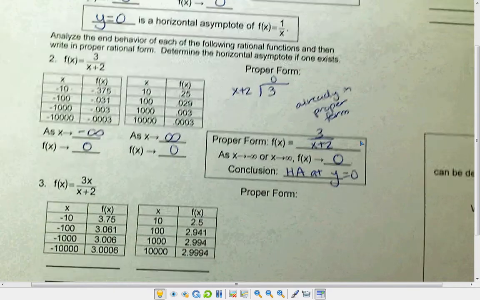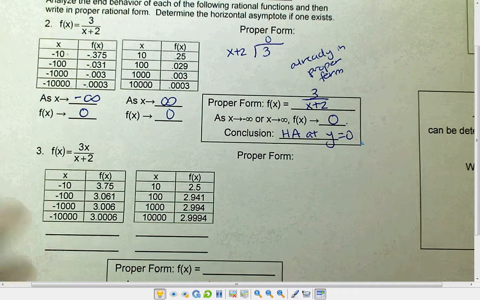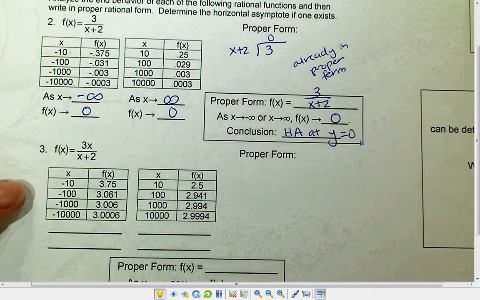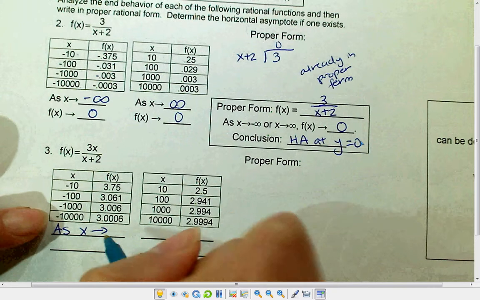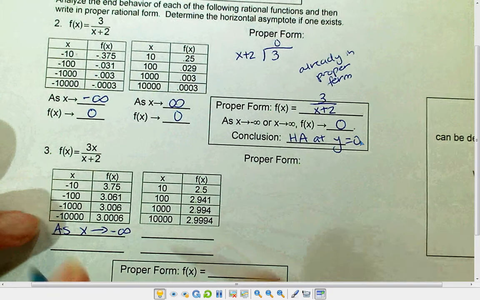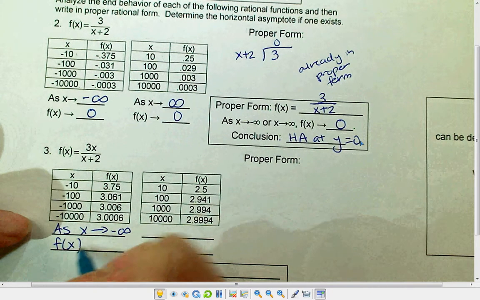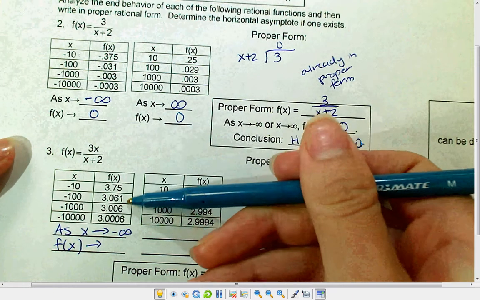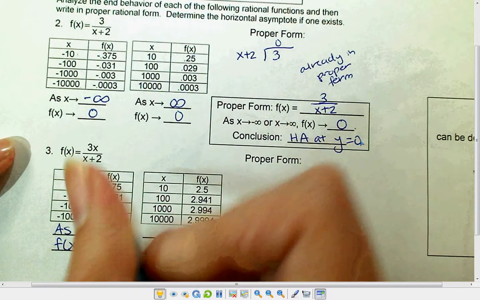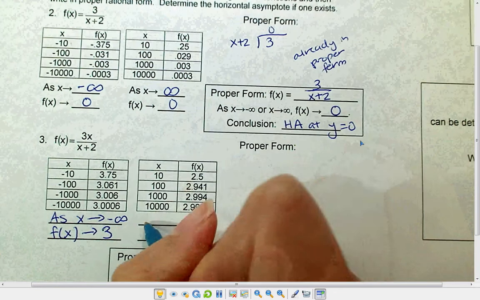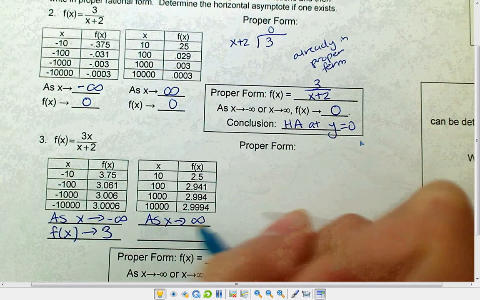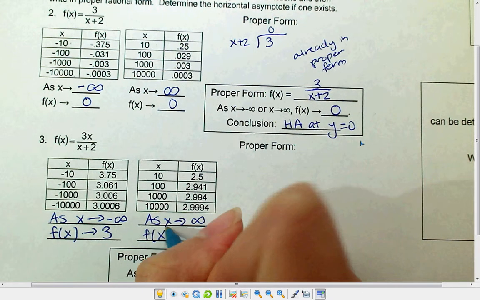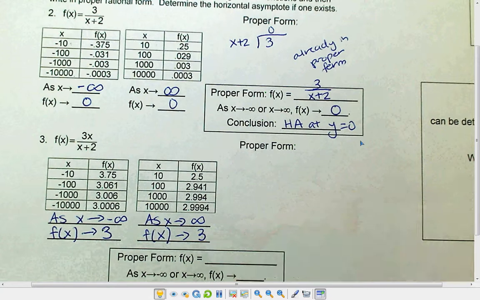Okay, let's look at number 3. Again, let's look at our x's first. As x approaches, what is this getting closer and closer to? Negative infinity. F of x, or y, is getting closer and closer to, let's look at these numbers, 3. For this table, x is approaching positive infinity, and y, or f of x, is approaching, again, 3.